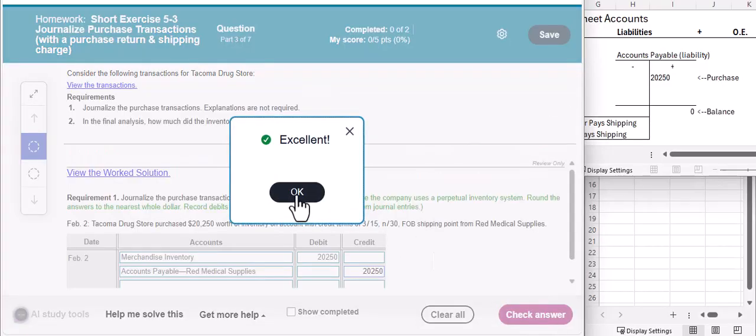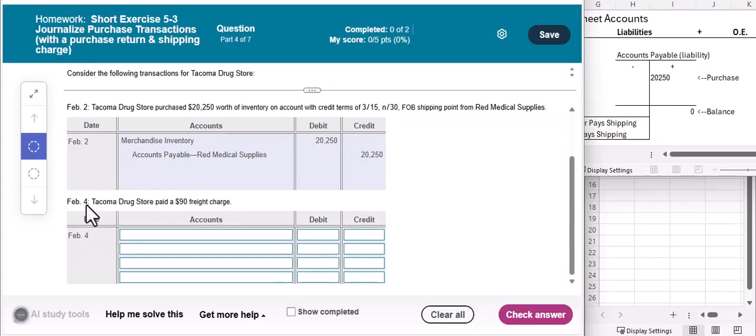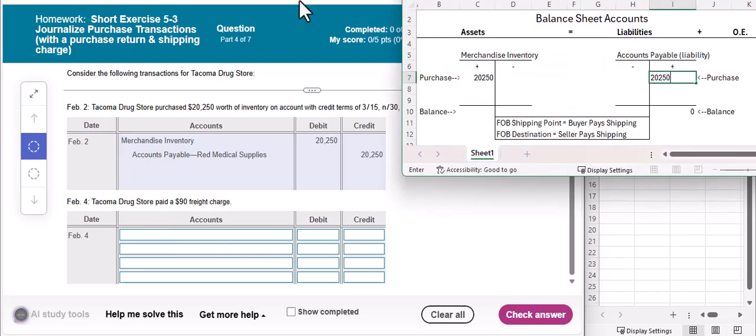Excellent. Okay. So next up, we have on February 4th, so 2 days later, Tacoma Drugstore paid a $90 freight charge. Why did Tacoma, that's us, why did we have to pay this freight? Well, it's because it is FOB shipping point, which means since we are the buyer that we pay the shipping. So let's start here with the easiest account to understand.